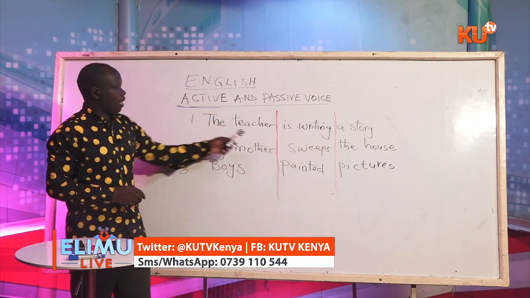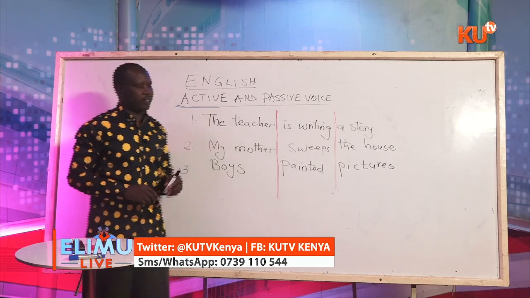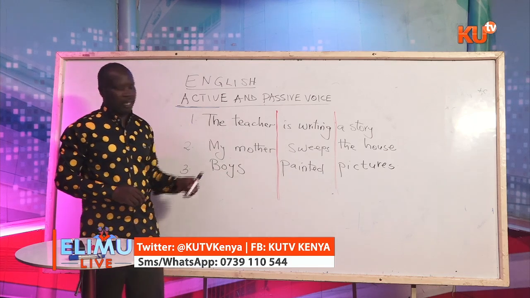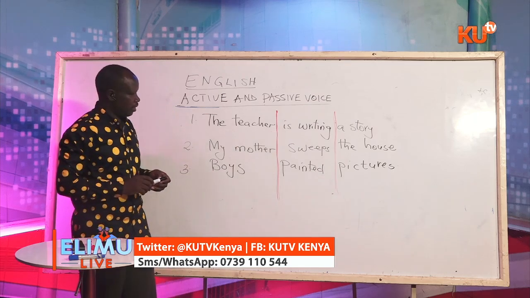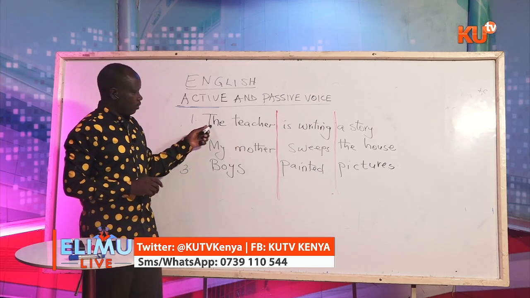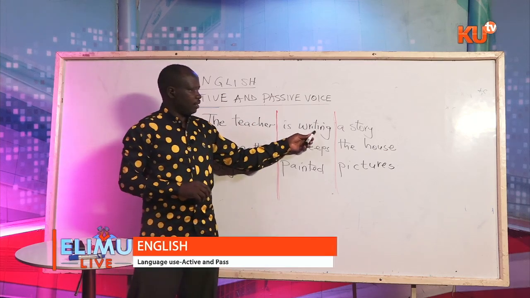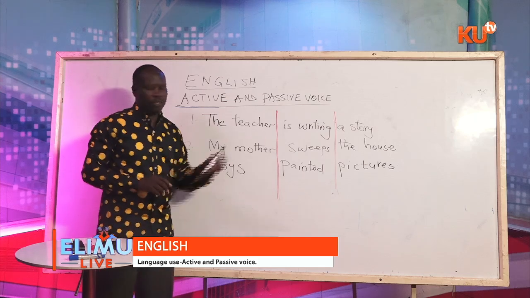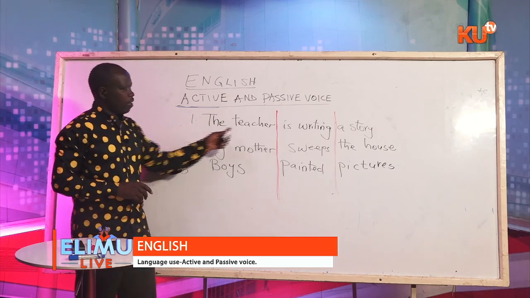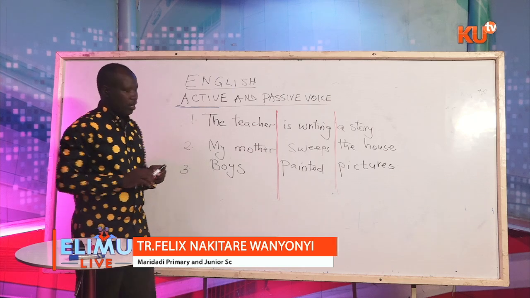So these 3 parts of each of the sentences are very important. Each of the 3 parts is very important. So when you look, for example, at the teacher, is writing, and a story, what do you notice? Why have I broken that sentence into 3 parts?